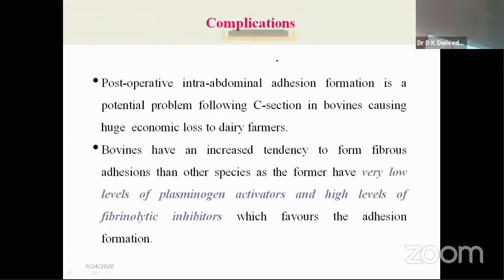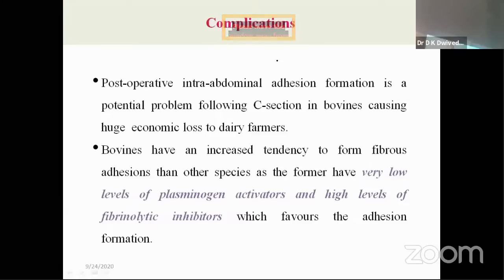And if there is adhesion formation, that will severely affect the future reproductive potential of the animal, and that causes huge economic loss to the dairy farmers. So this is the most important complication, that is the intra-abdominal adhesion formation. Now, bovine species are more prone to adhesion formation.